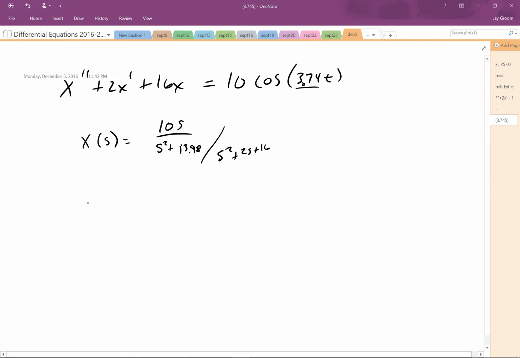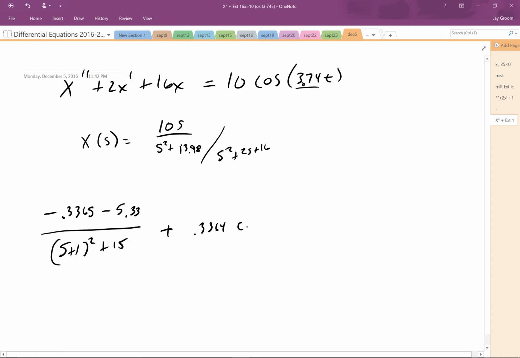And when you expand that out, you will get negative 0.336 s minus 5.33, I think, over s plus 1 squared plus 15, and then plus 0.3364 cosine 3.74t plus 4.66 over, well, kind of 3.74.